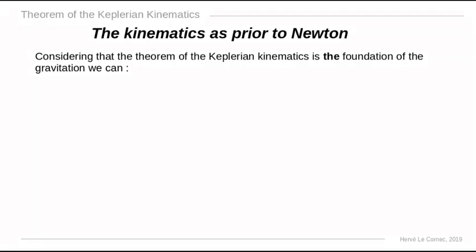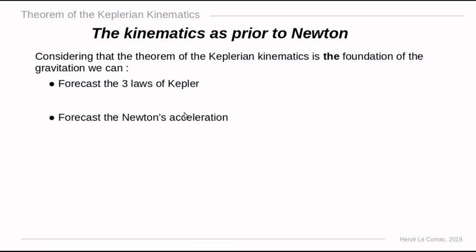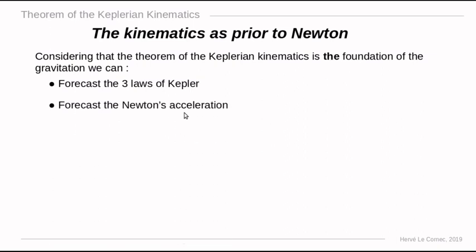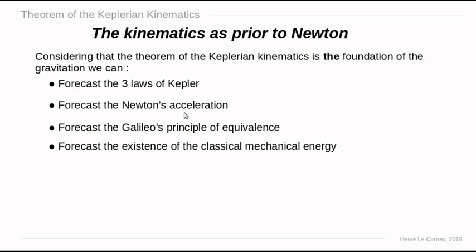Okay, from what we said before, and considering that the theorem of the Keplerian kinematics is the foundation of gravitation, we can forecast the three laws of Kepler, Newton's acceleration, as well as Galileo's principle of equivalence, and also the existence of the classical mechanical energy.